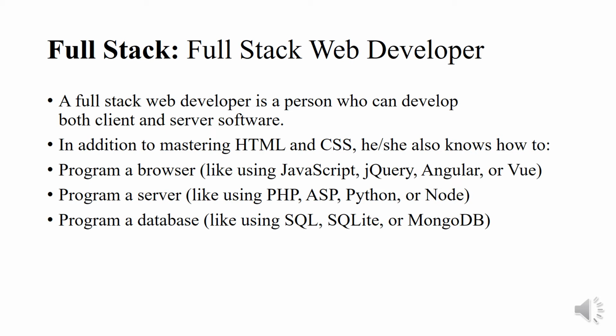The web developer should be mastered in HTML and CSS, should know a program for browsing such as JavaScript, jQuery, Angular or Vue, should know programs for servers such as PHP, ASP, Python or Node, and a program for the database such as SQL, SQLite or MongoDB.